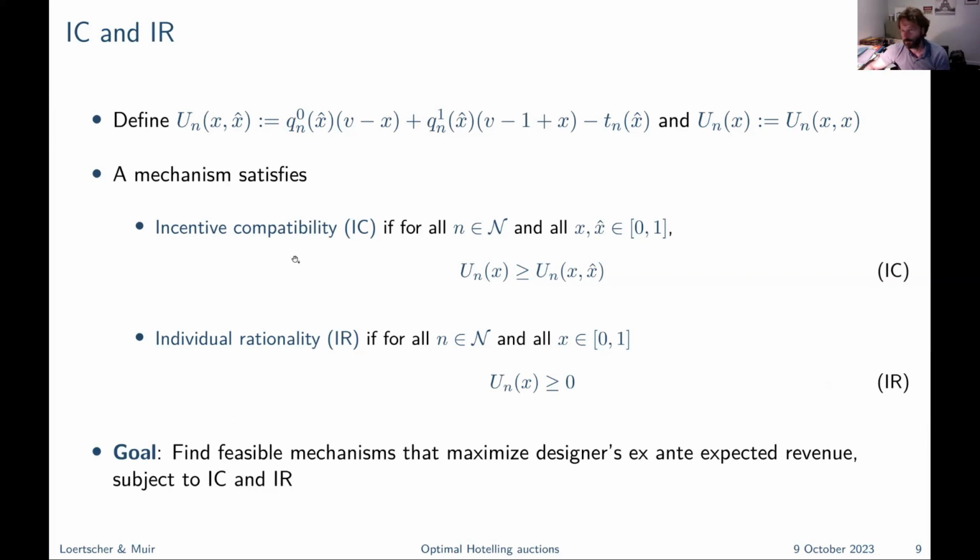And so then incentive compatibility means what it usually does, which is that reporting truthfully is better for all possible types and reports than reporting a lie. And individual rationality means that you're better off weakly participating in a mechanism than walking away. And the aim of our game is to find mechanisms that maximize the designer's ex-ante expected revenue subject to IC and IR.